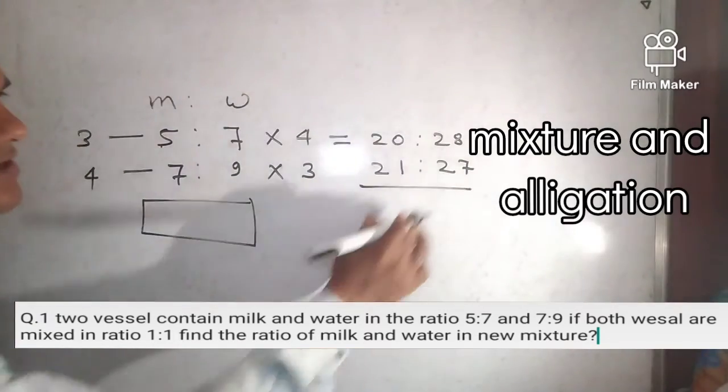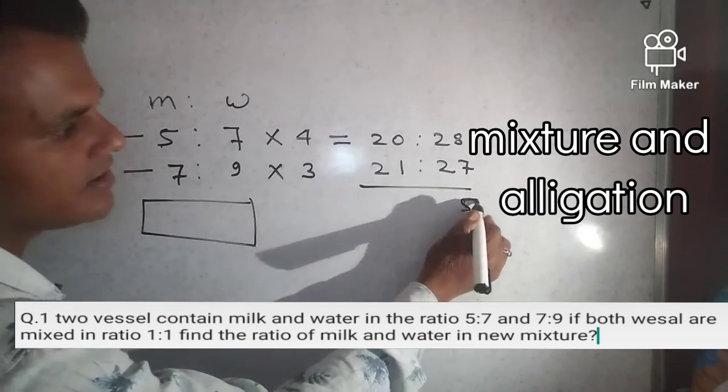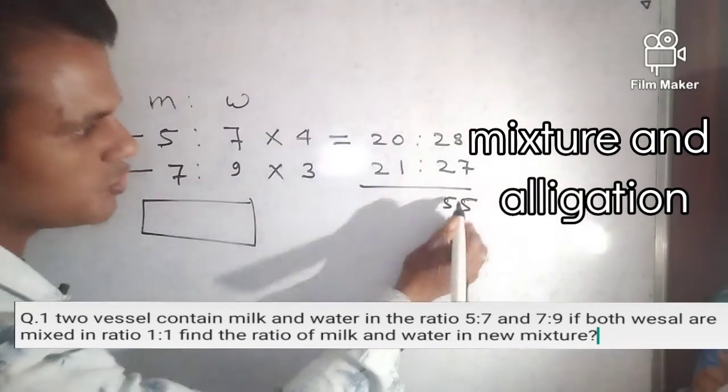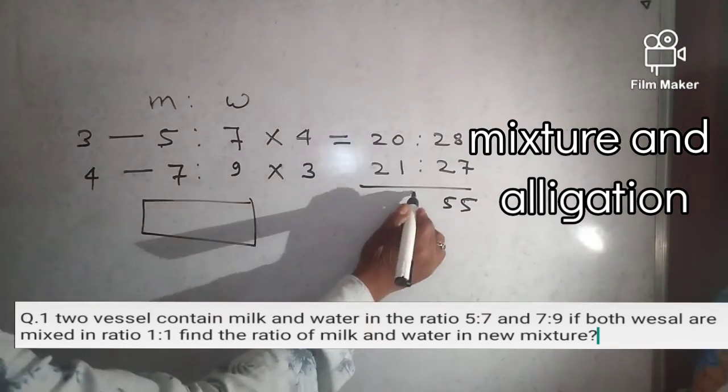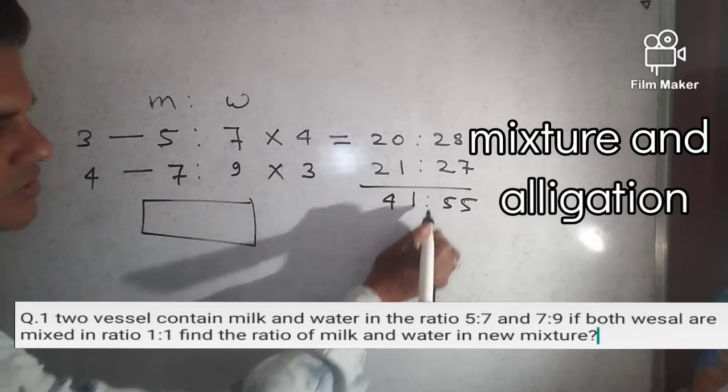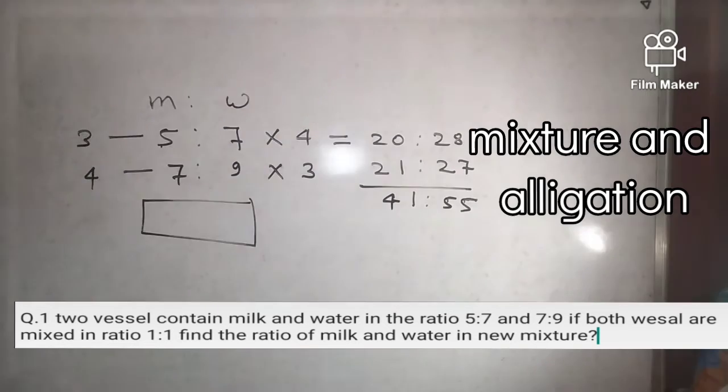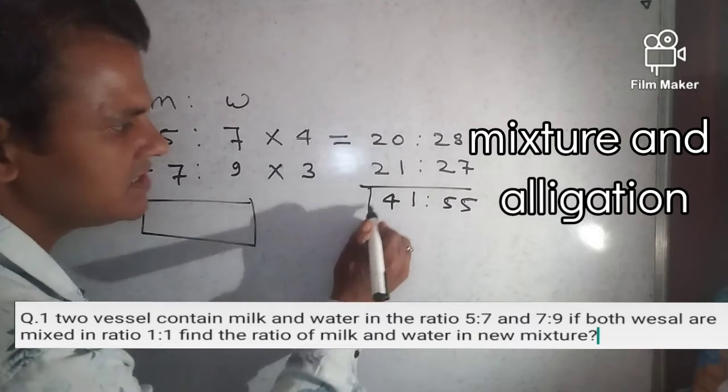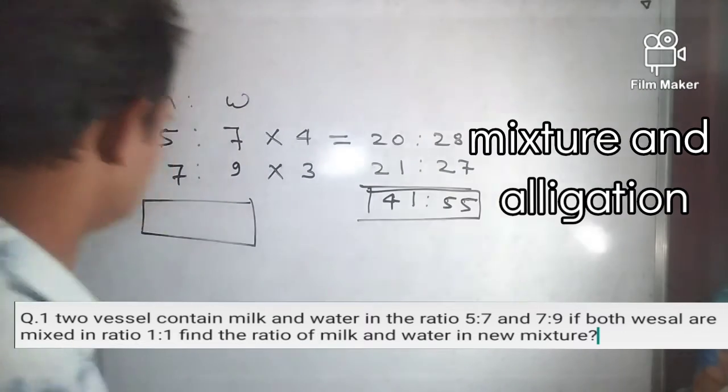The new ratio is 20 plus 21 is 41 and 28 plus 27 is 55. So the new ratio is 41:55. Option C is the correct answer.